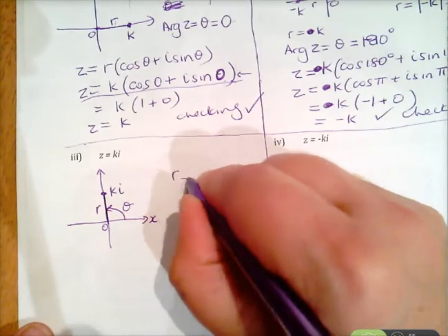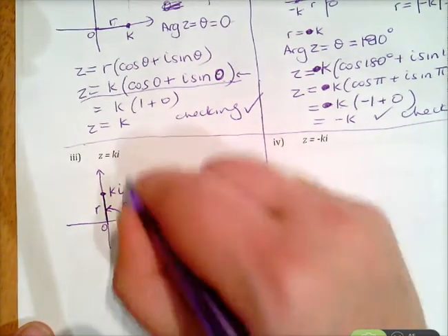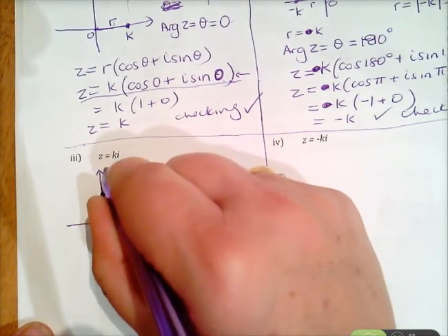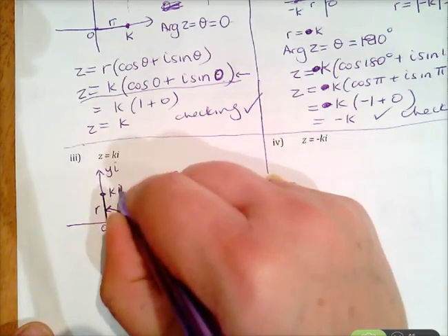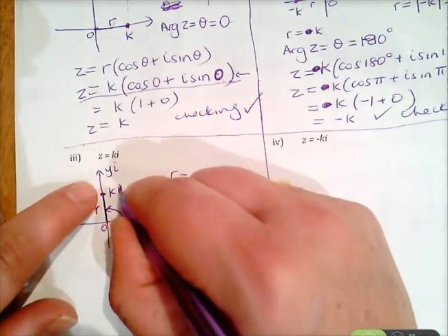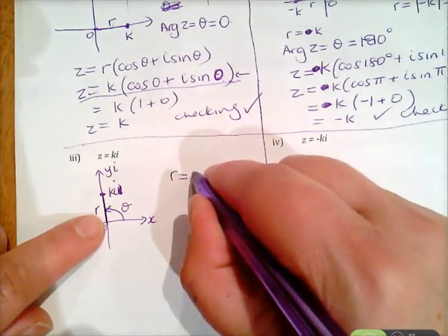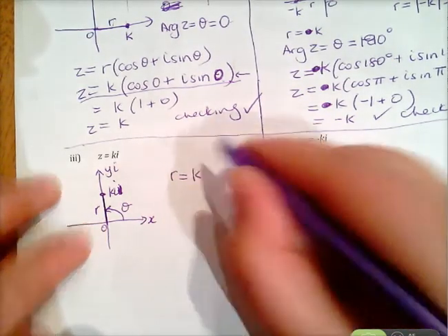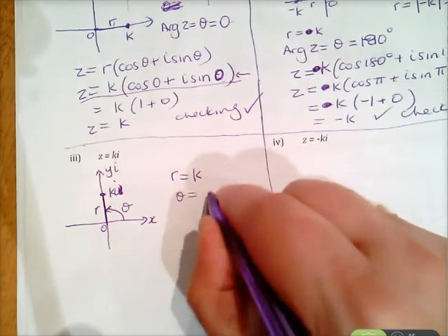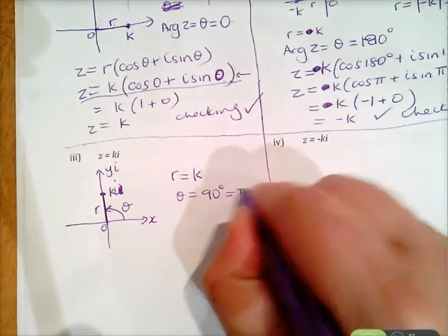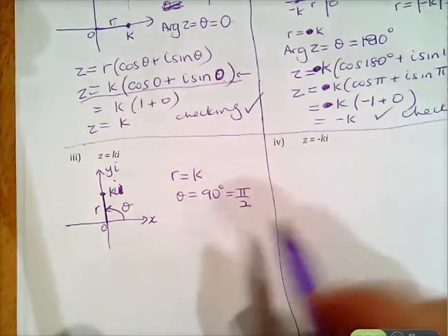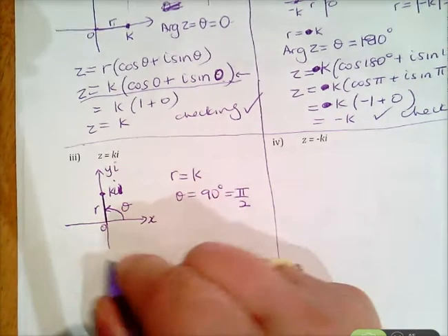Now we can see that this axis is y or yi. I can write it as ki, but that distance there is k. So r is equal to k. Theta, we can see here, is 90 degrees, or pi on 2, because 90 is 180 divided by 2.